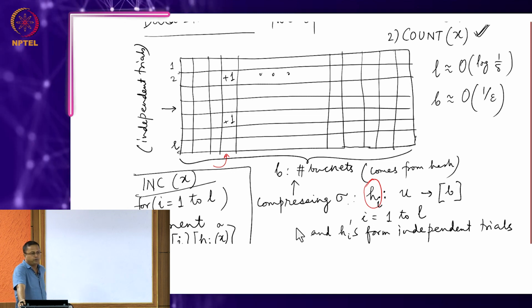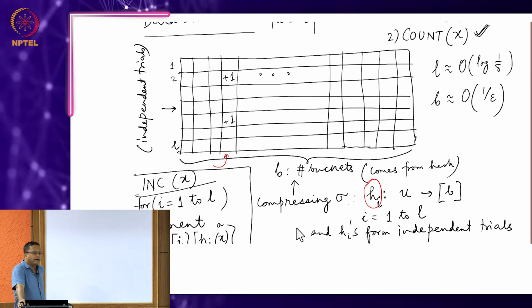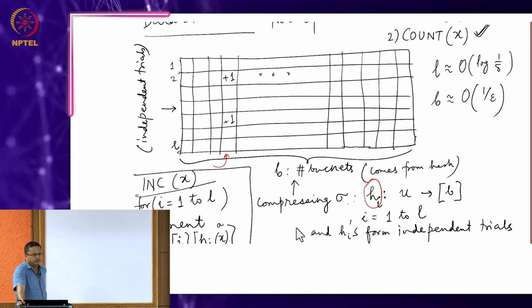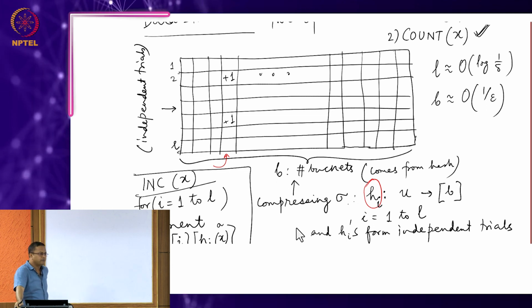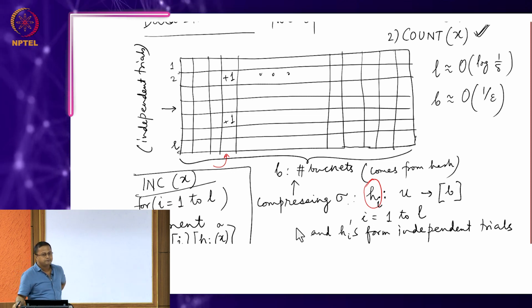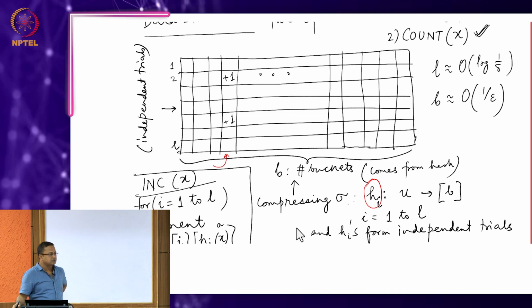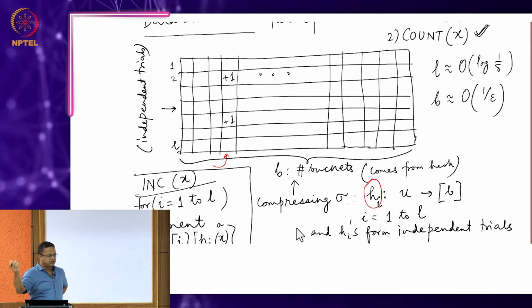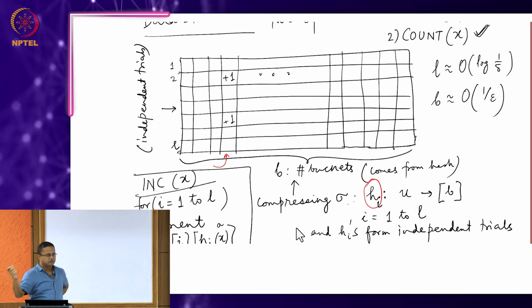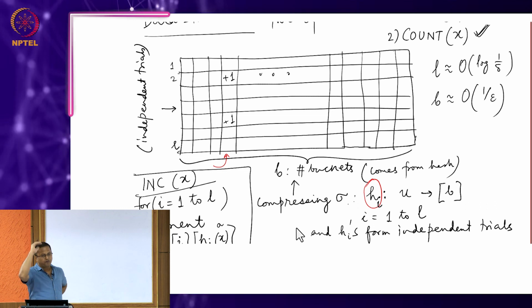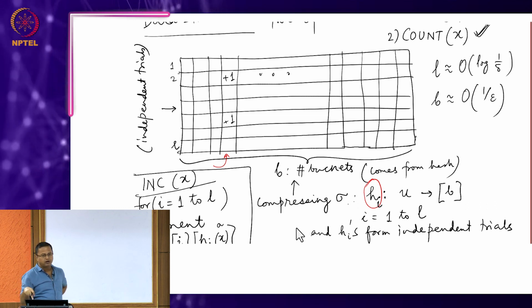For this L to be log of 1 by delta, I have to get into the error analysis, which I am skipping for now. But again, the same kind of Chebyshev argument would work. But here there is a minimum thing which you have to handle very carefully. So, minimum would translate to an intersection, right. So, intersection, you have independence, so you can look at products, each individual to the power of L. So, you will get to the power of L, and that is why you have a log term there.